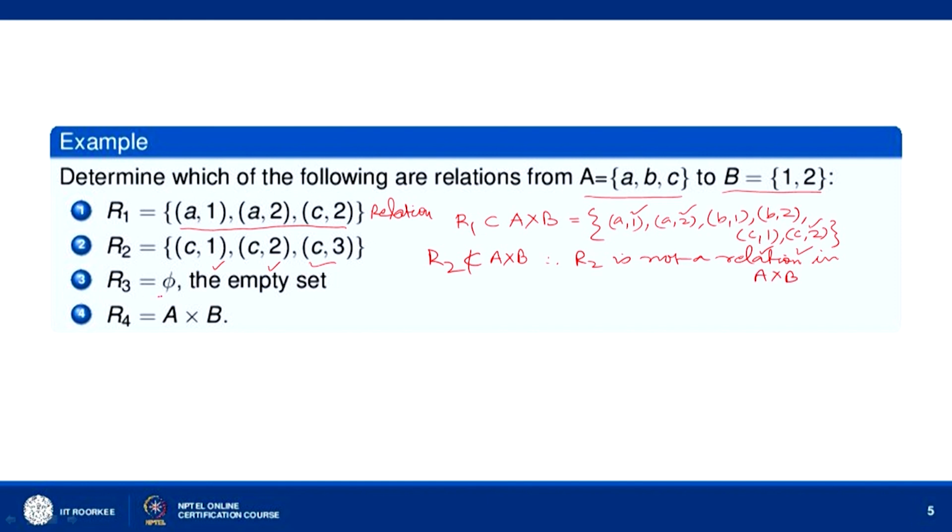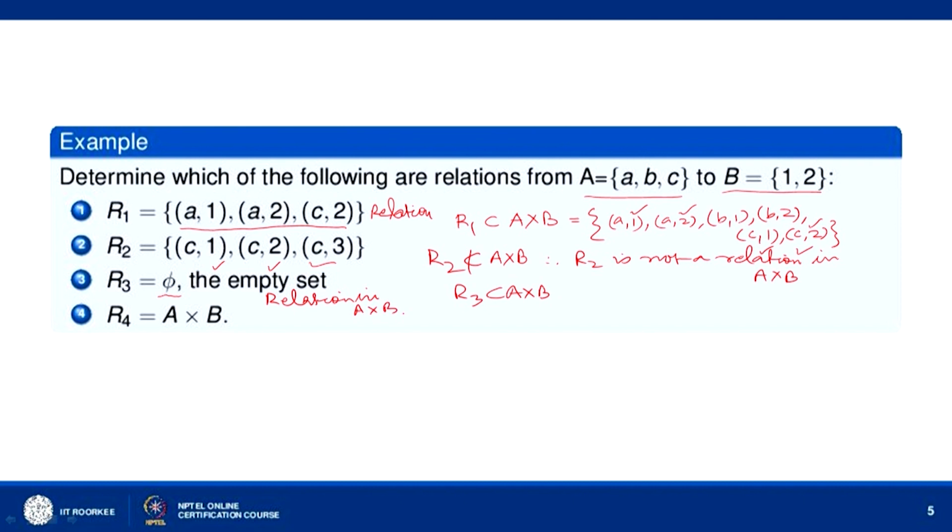Now R3 equal to empty. The empty set is always a relation because R3 equal to phi is always a subset of A cross B. Phi is a subset of A cross B. This always defines a relation in A cross B. It is known as the empty relation.